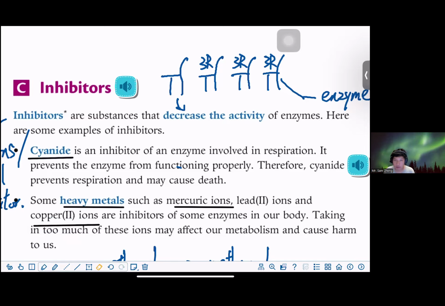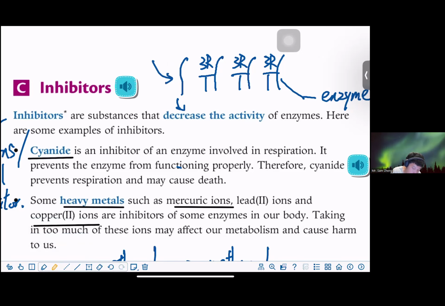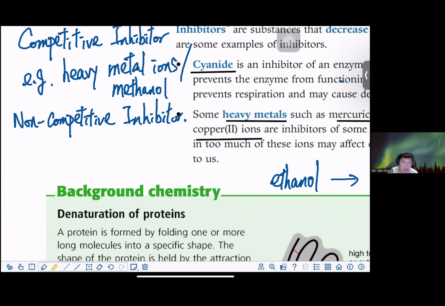I'm a very aggressive person, so in this case, I break the chair. So I only leave half of the chair here. The chair is broken. This is very similar to what we call the non-competitive inhibitor.